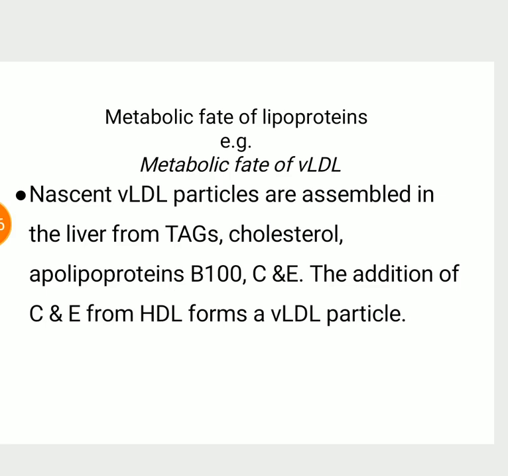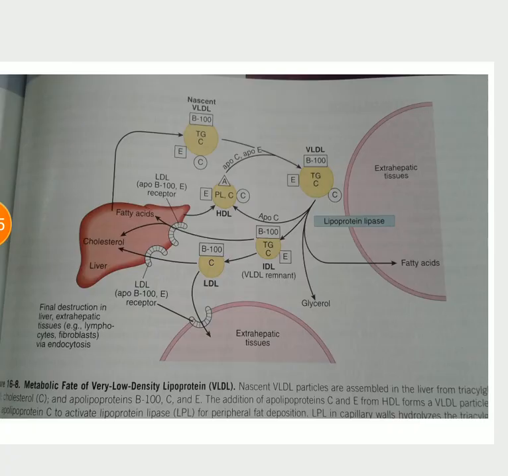Upon assembly within the liver, they are used to make a VLDL. Then the final bit comes in when the ApoC and ApoE from the HDL are added onto the VLDL particle being formed within the liver. Now they form what we call the final VLDL.